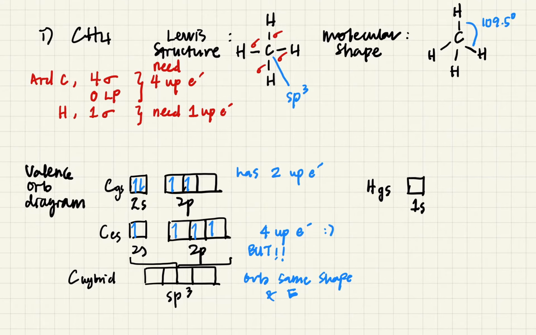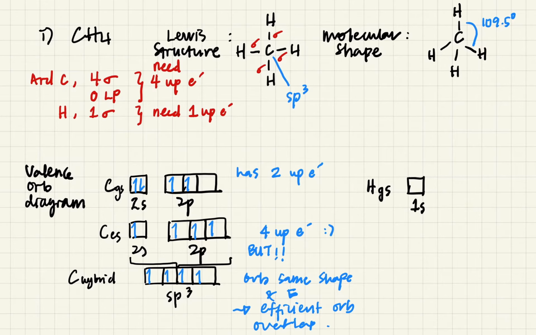So that will give you efficient orbital overlap later. Okay, so you're just going to fill in your unpaired electrons like so. So now we have 4 unpaired electrons in sp3 hybrid orbitals. Okay, so now you have your carbon that is hybridized already.